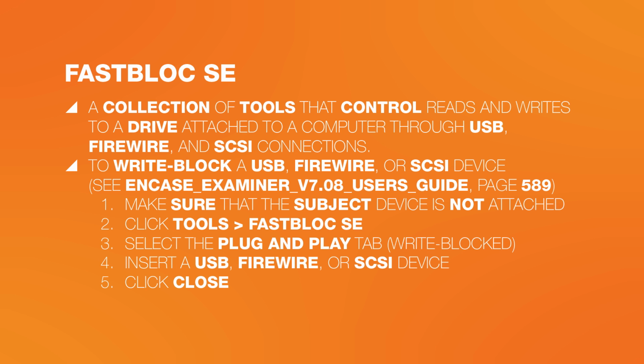For example, SafeBlock Win8 from Forensic Soft Inc. is a standalone software write blocker that can be installed and used with other forensic acquisition tools. EnCase has its own software write blocker called FastBlock SE that is built into the EnCase software.